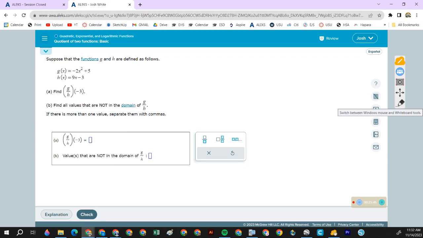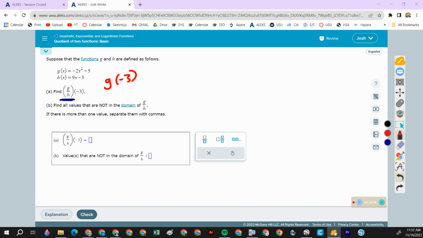Okay. What about the division of functions? So here we have a function whose name is g over h. Okay, and the variable it's written in is negative 3. So that is simply g of negative 3 over h of negative 3. Right?